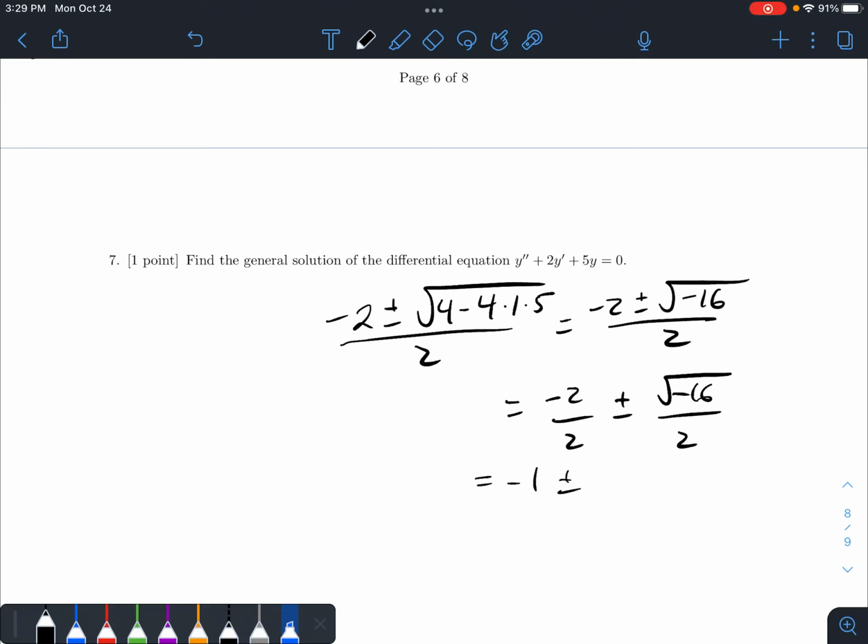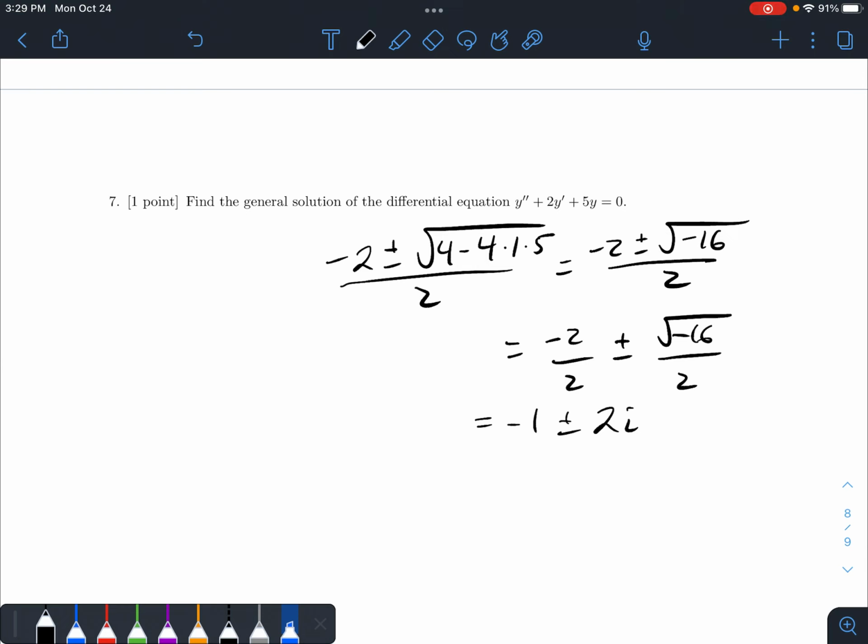All right, this is equal to negative 1 plus or minus the square root of 4i over 2. 4i over 2 is equal to 2i. All right, so this is our alpha, this is our beta.